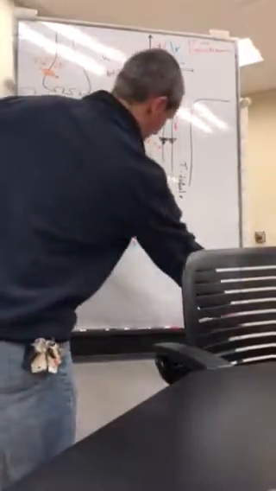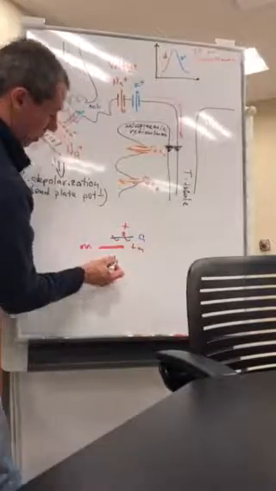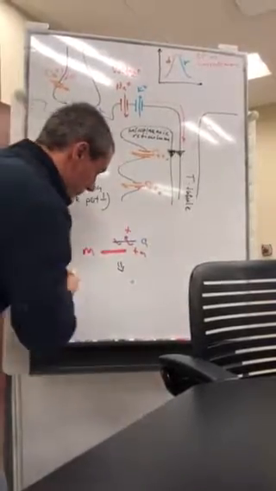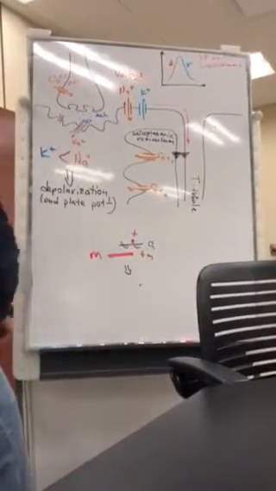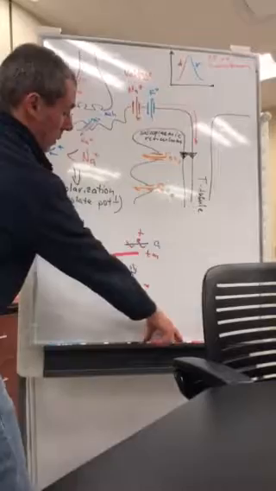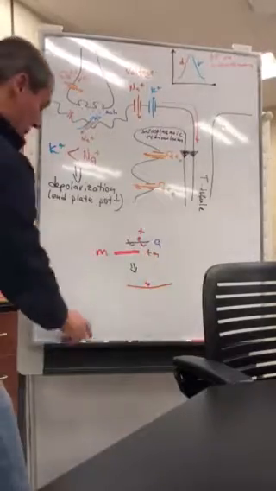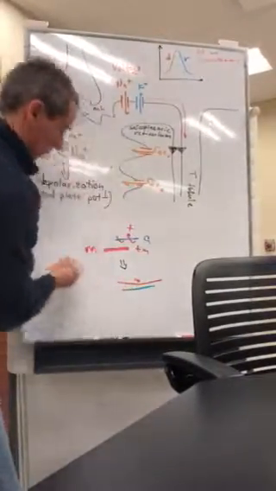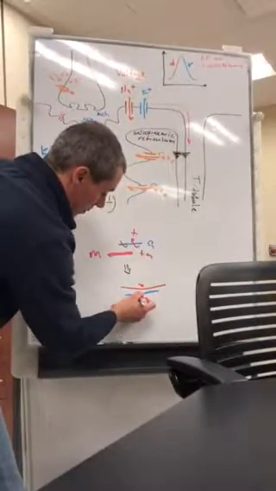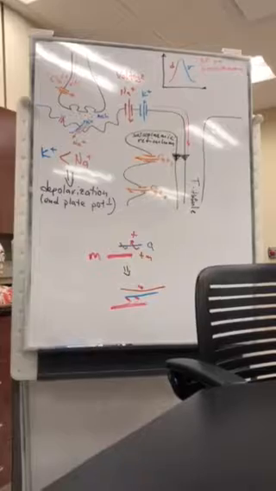Calcium binds to the troponin. It sort of separates tropomyosin from actin, which now can form cross bridges with myosin. And the contraction ensues.